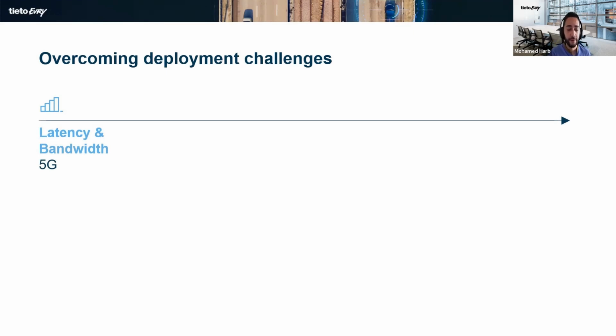We need the data to be as fast as possible, because we are depending on it. And second is enough bandwidth so that we are able to send this amount of data to all the vehicles on the road. However, we see also a way of tackling it, or what is coming now in the market, is 5G, which will help us to tackle those challenges.